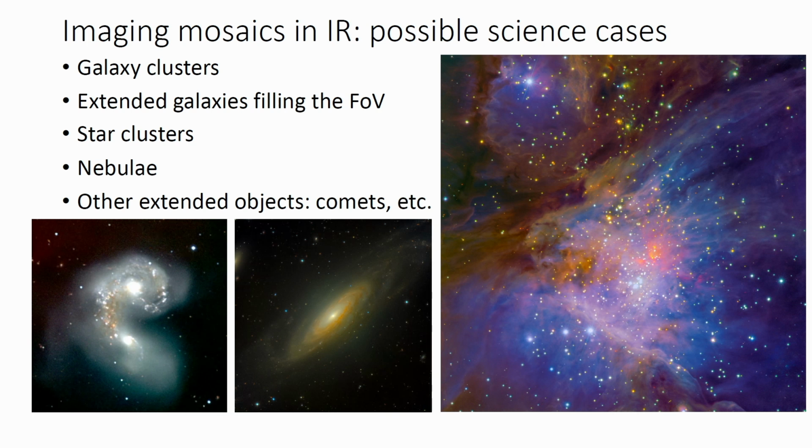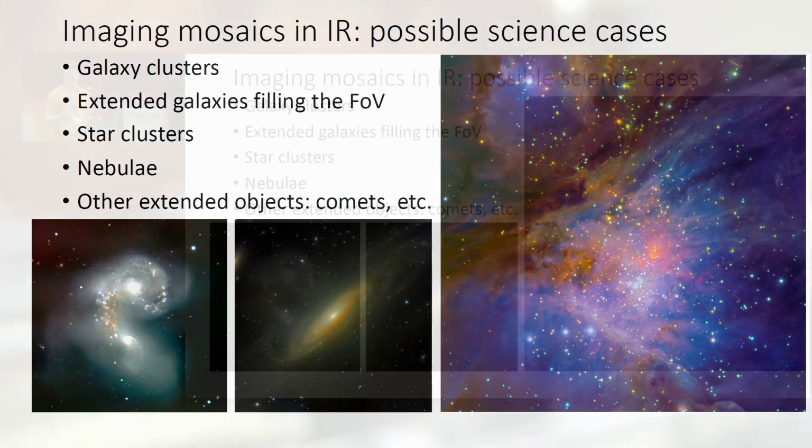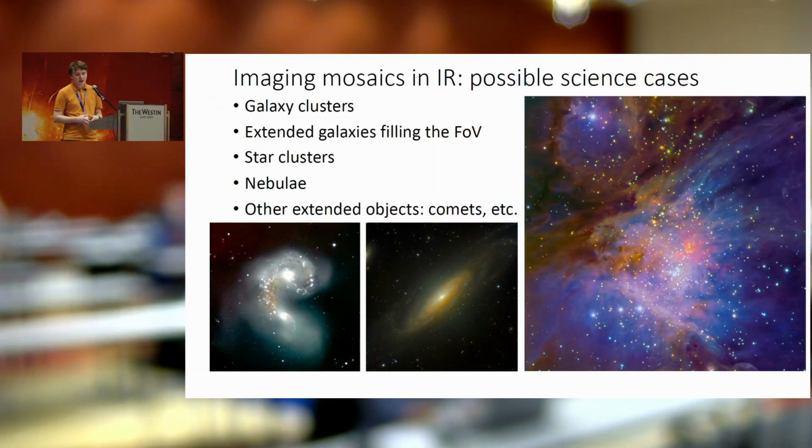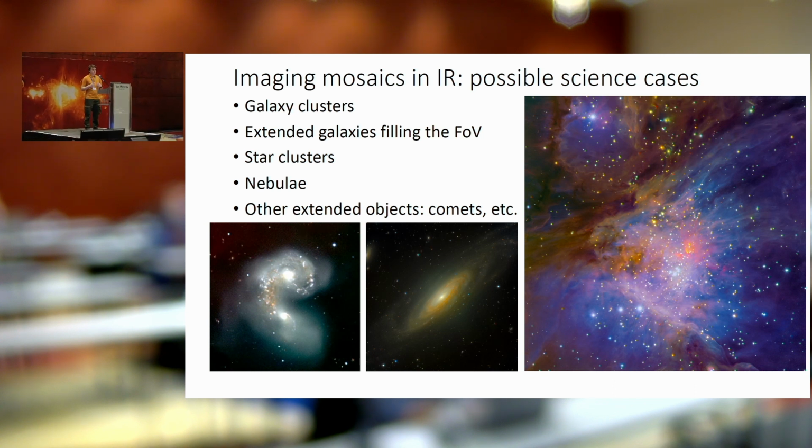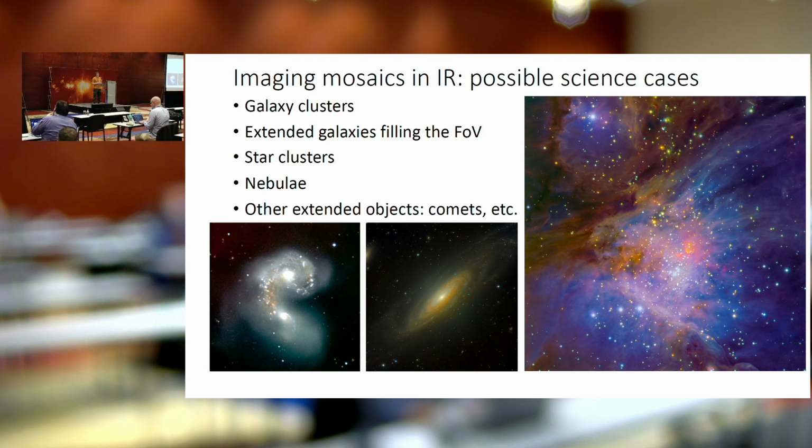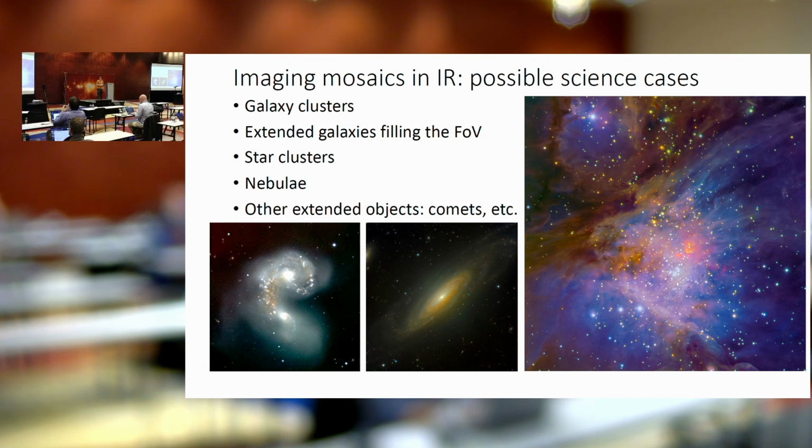And here are some science cases of imaging mosaics in infrared, and you can do it for extended nebulas, for globular clusters, for open clusters, for star clusters, and for many other objects that fill a significant part of the field of view, or even fully fill the field of view, or instrumental field of view.